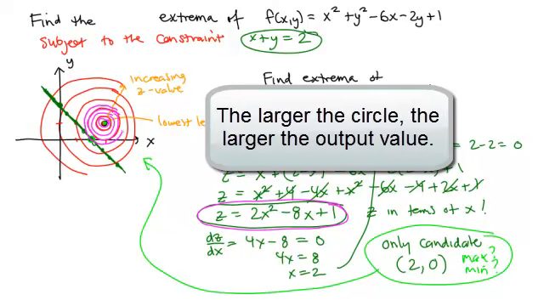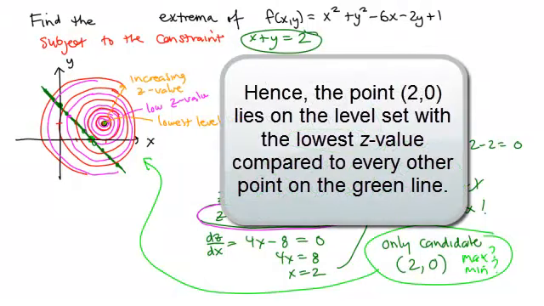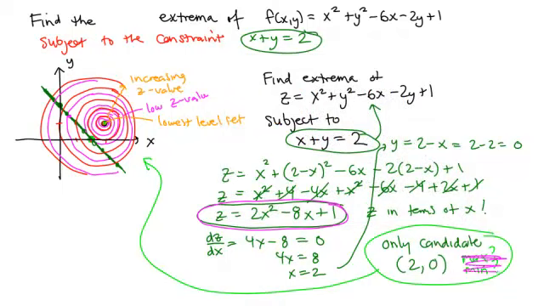At the point (2, 0), I'm hitting a level set which is fairly close to the point (3, 1), which means that this is a pretty low level set. It's got a low z value. Every other point on this curve corresponds to one of the bigger level sets. So the point (2, 0) corresponds to a small level set, and all of the other ones correspond to larger level sets. That tells me that this point right here has to be a constrained minimum.